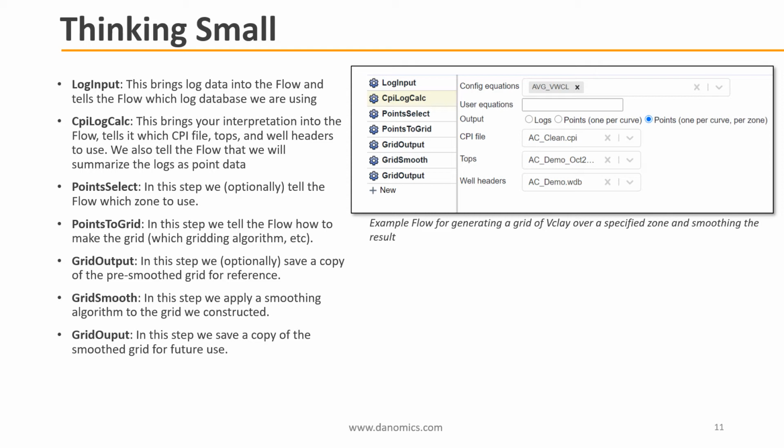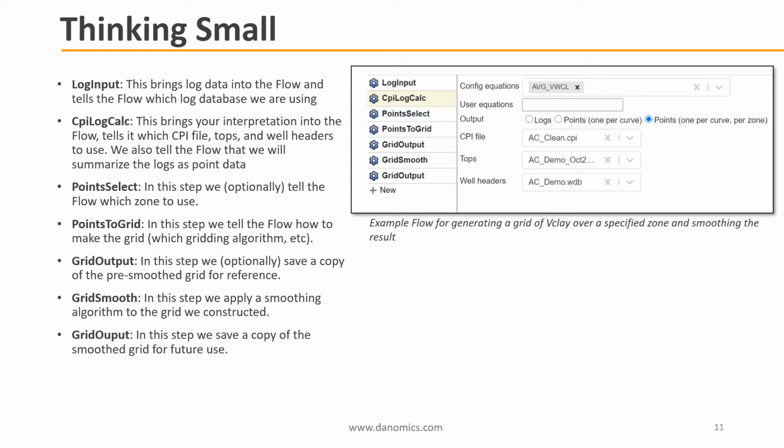Then we put what's called a CPI log calc tool into the flow, and this is what allows us to bring our interpretation into the flow. It tells it which CPI file, the tops and the well headers that we should use. And it's also where we'll tell it that we specifically want our average clay volume. That's what we are putting here in the config equations, and then here is that information on the CPI file, tops and well headers.